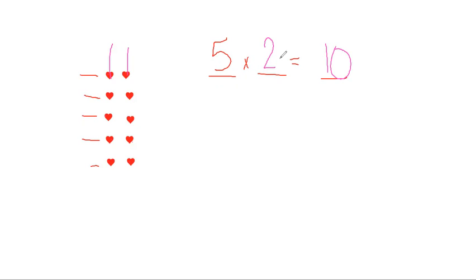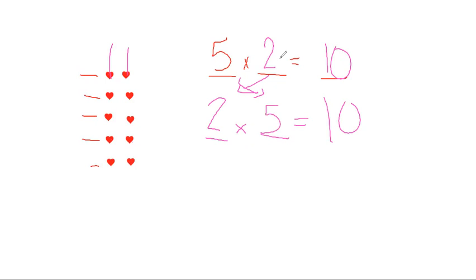I'm going to write a problem using the commutative property of multiplication to write a related multiplication sentence. I'm going to be using the same 2 factors of 5 and 2, and I'm still going to get a 10 because my factors are the same. But instead of 5 times 2, I'm going to change the order of the factors. So I'm going to write a 2 as the first factor and a 5 as the second factor.